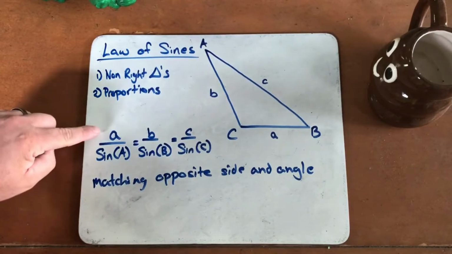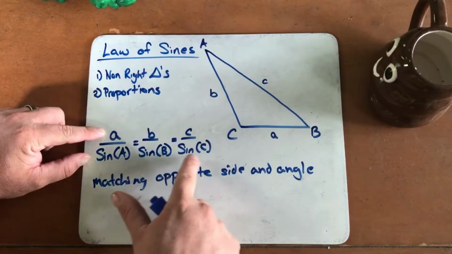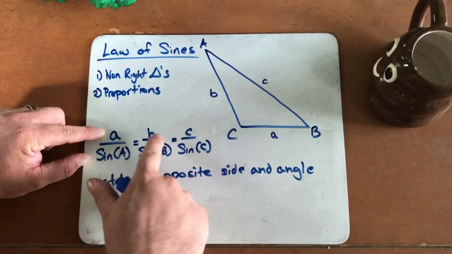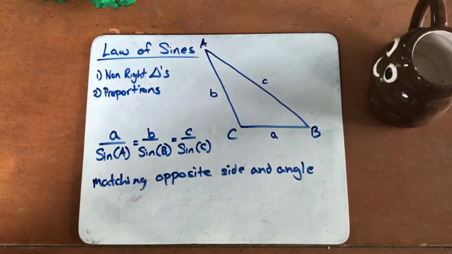So like if I have side A and angle A, and then I have angle B and angle C, I can find side B and side C. The first two examples are going to specifically be examples where I'm trying to find missing sides.